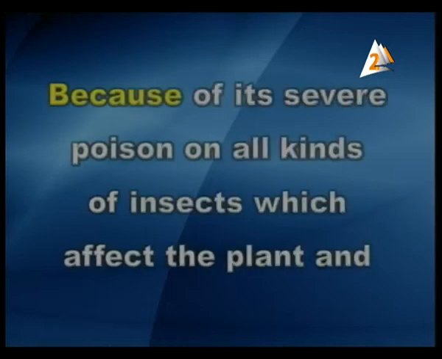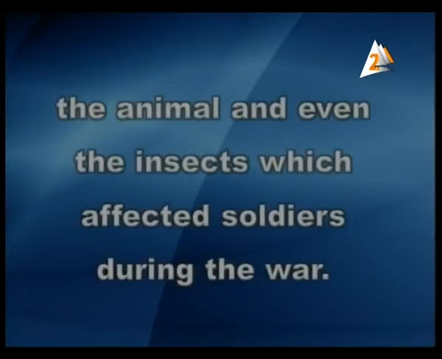The answer is directly because of its severe poisonous effect on all kinds of insects, not one type only, but all. It affects the plant, the animal, and even the insects which affected soldiers during the war. So it kills plants, kills animals, kills soldiers, it's very dangerous.